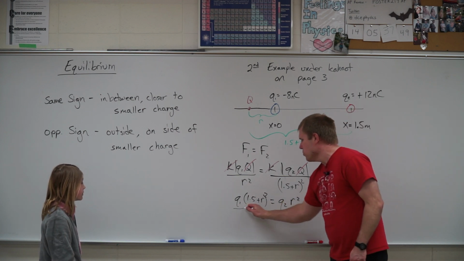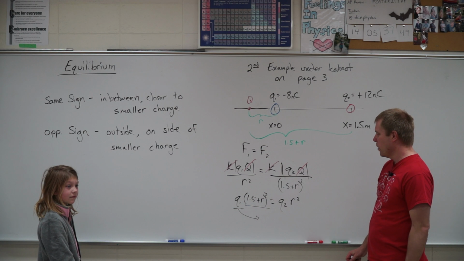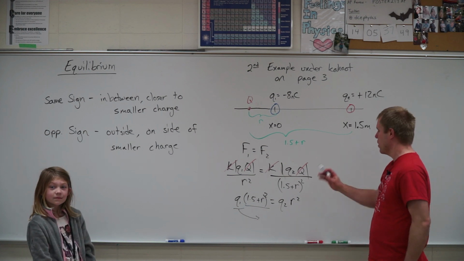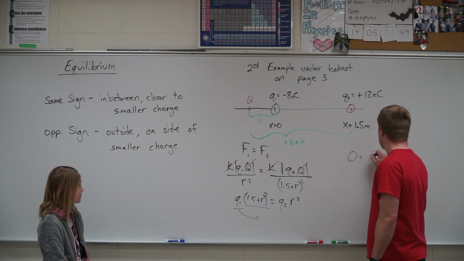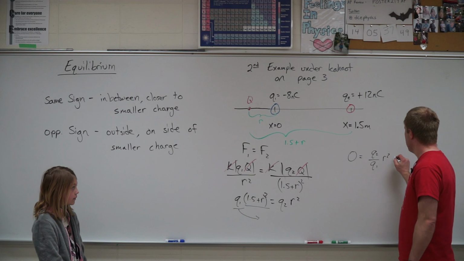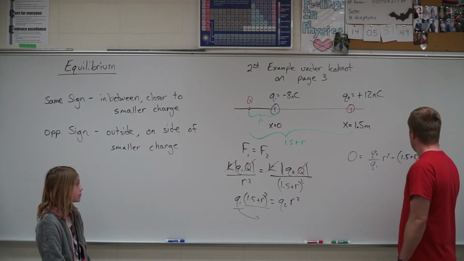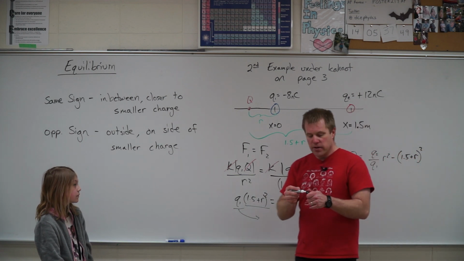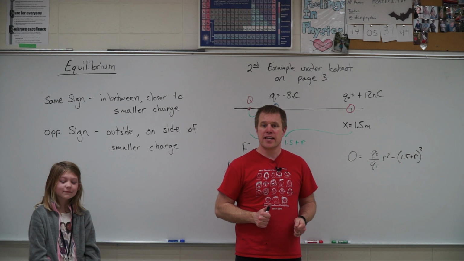I'm going to divide the Q1 over, and then subtract this 1.5 plus r quantity squared over to the other side. When I do that, I end up with 0 equals Q2 divided by Q1 times r squared minus the quantity 1.5 plus r squared. Next we just have to plug that into the solver on our calculator. So let's take a look at that next.